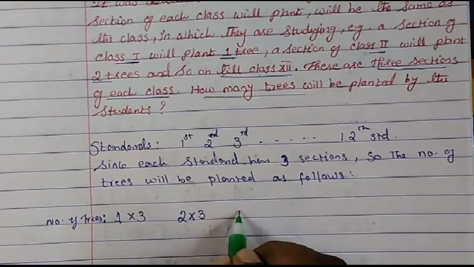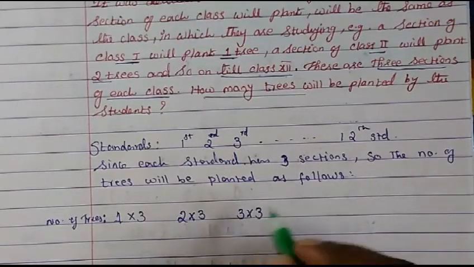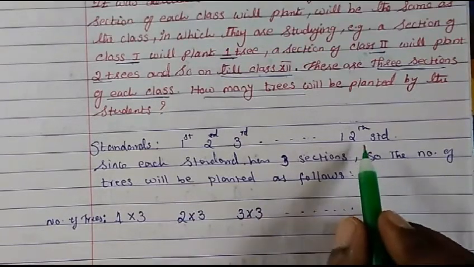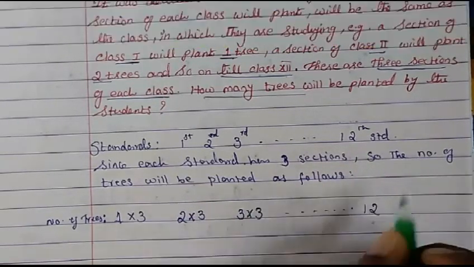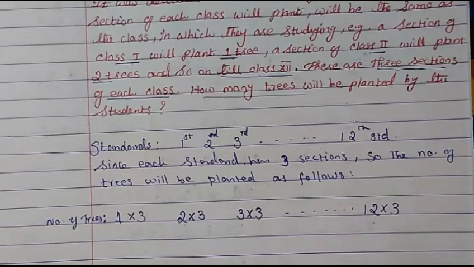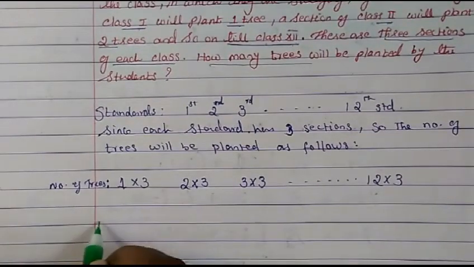Likewise, third standard will plant 3 trees, and they also have 3 divisions. So likewise, 12th standard will plant 12 trees, and they have 3 divisions. Then this will form an AP.